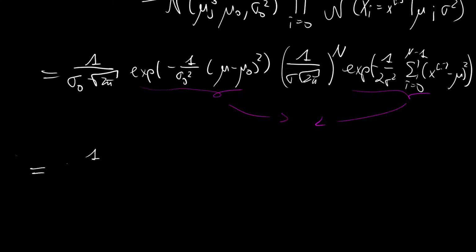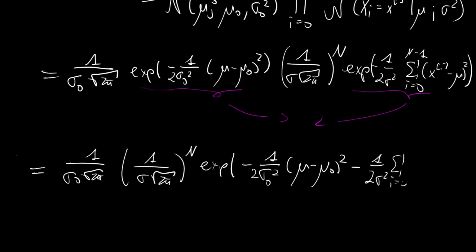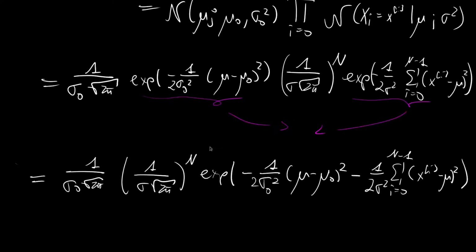And then we get 1 over sigma 0 times square root of 2 pi, then times 1 over sigma times square root of 2 pi raised to the power of n times the exponential of minus 1 over, well, of course we should have 2 sigma 0 squared of mu minus mu0 in brackets squared minus 1 over 2 sigma squared, then the summation from i=0 to capital N-1 over xi minus mu in brackets squared, and then closing brackets for the exponential. And this is our joint distribution for the directed graphical model.